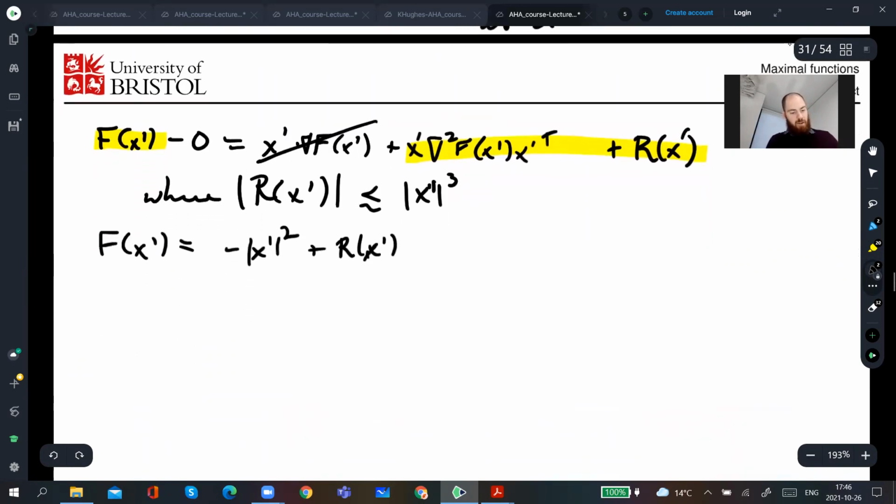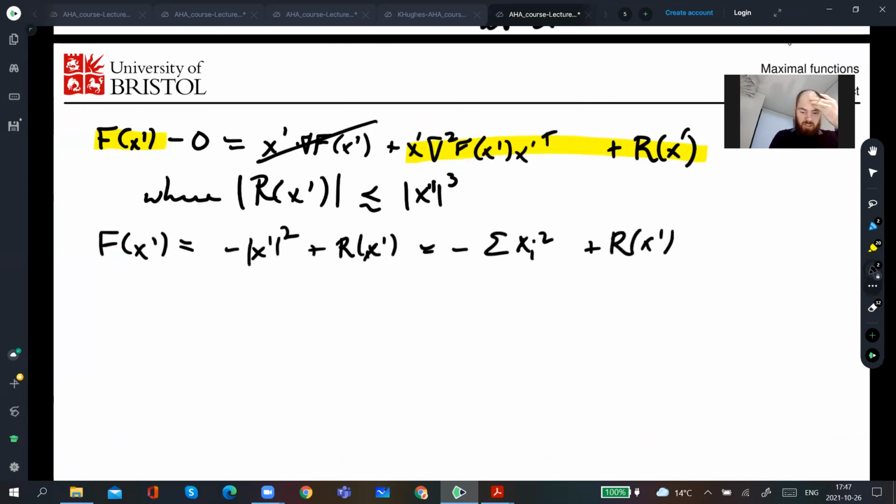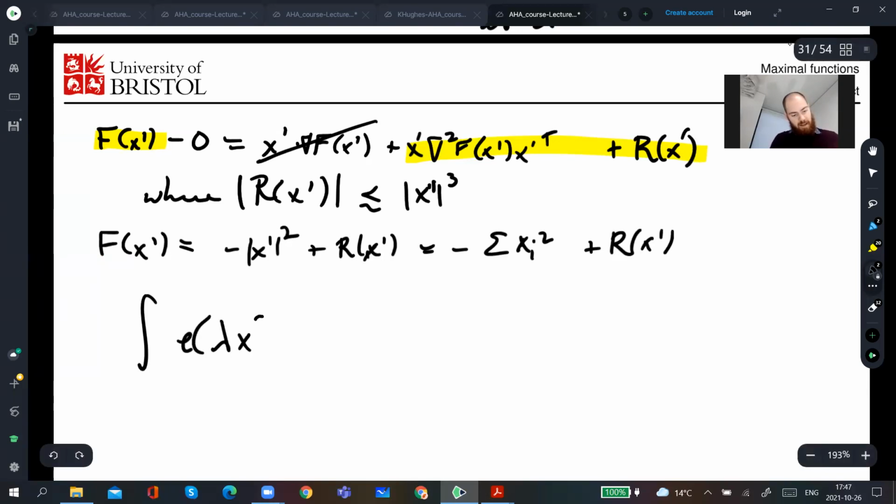That's minus sums of squares plus r of x prime. And we saw in an earlier lecture, I think it was lecture 3, that if you look at the integral of e of lambda x squared, smoothed out, dx, and this is just one variable in R.